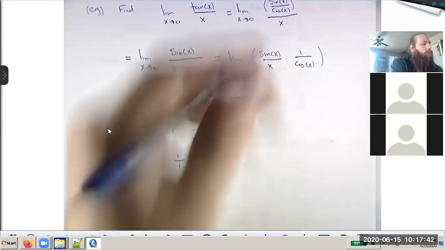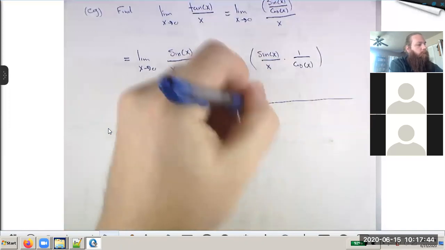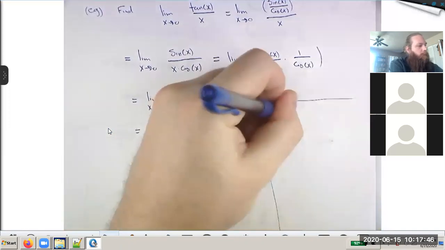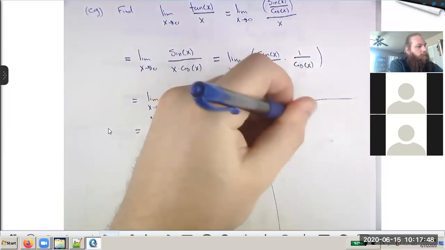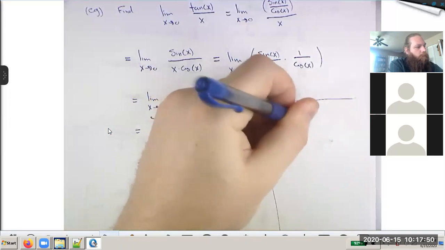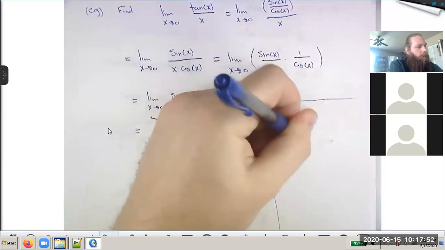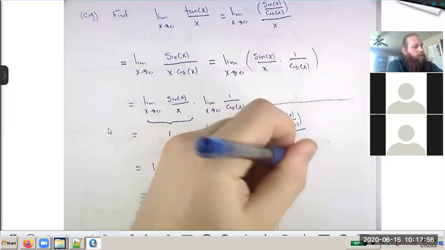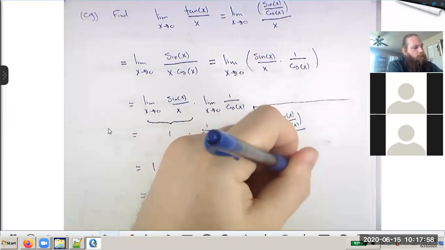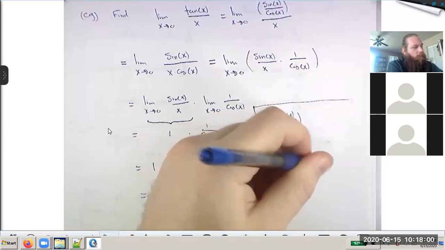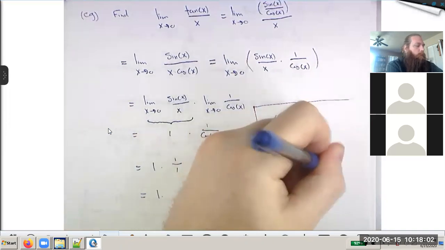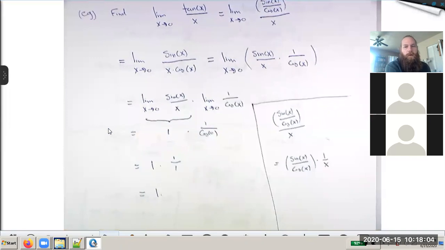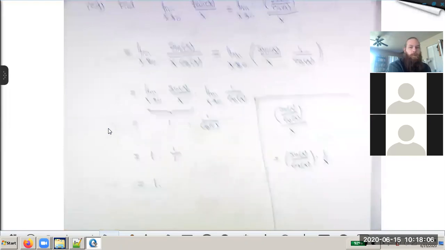No. So sine x here, I'll come in here and do the algebra gently. If I've got sine x over cos x, all divided by x, that's the same as sine x over cos x times 1 over x, right? So dividing by x is the same as multiplying by 1 over x.